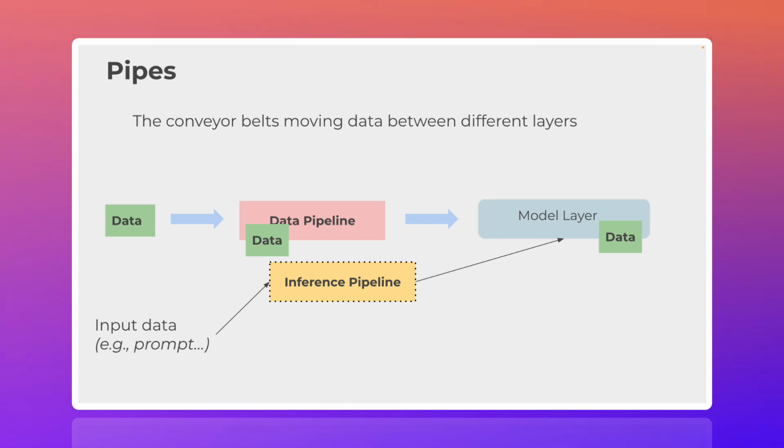So that is the difference. One is raw data, the data pipeline, and the inference pipeline pulls in data from users, for example a prompt for text generation, to the model layer.